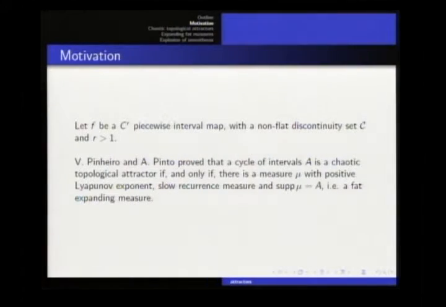We show that it's equivalent. So a topological argument is equivalent to a metric argument. I'll start by explaining a little bit this result, or the steps that drove us to it, and then I will use it to prove the explosion of smoothness.